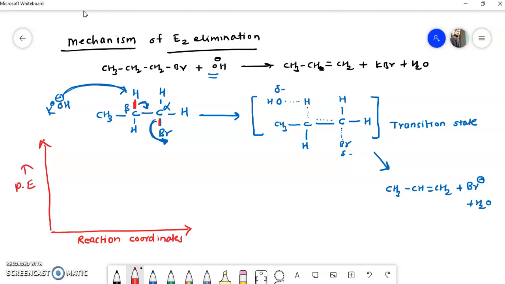Okay, now see what happened. Suppose we have a starting material here. From here the reaction is occurring, and then finally we get the product here.